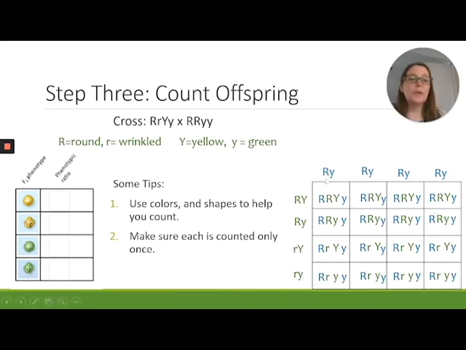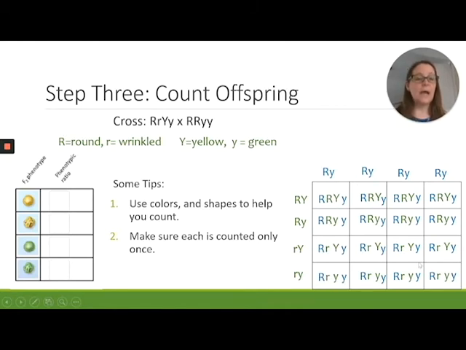If you put the parents on opposite sides, you'll have the same number of offspring, and it'll be the same offspring. They just may not be in the same locations as mine. So, some tips about counting this up because it looks a little overwhelming, lots of R's and Y's and all that kind of stuff. So use colors and shapes to help you count. Make sure each square is only counted one time.